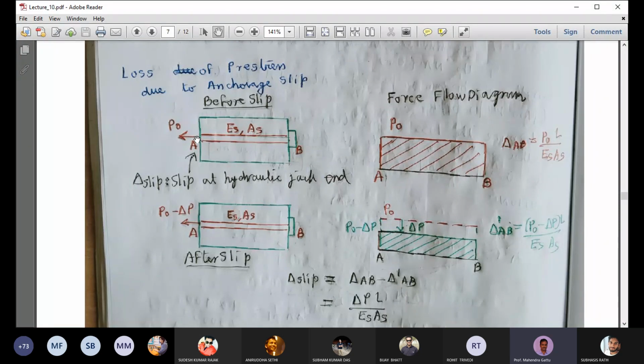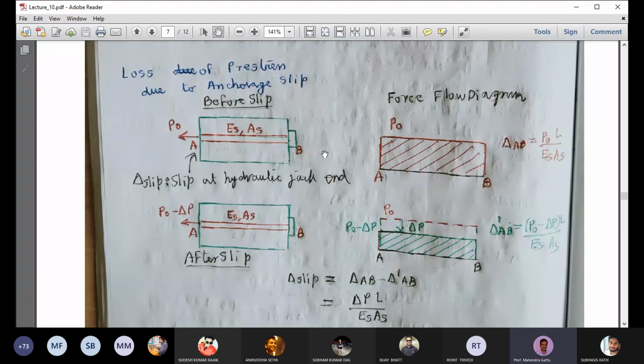Then we embed that cable in a wedge system. Throughout the cable, we assume that there is no wobbling, and since the cable is straight, there is no loss due to friction. So throughout the cable, we have a uniform axial force equal to P naught.